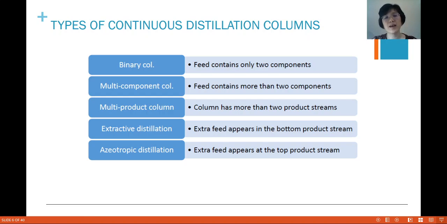For extractive distillation and azeotropic distillation, an additional feed is required to enhance the separation. Our focus in this particular chapter will be on the binary column and also the multi-component column.